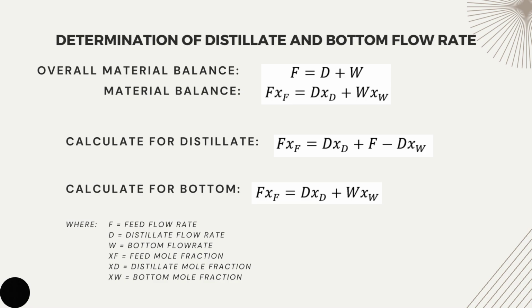Then to find the composition or mole fraction, we use F times XF, where XF is the feed mole fraction, equals D times the distillate mole fraction plus W times the bottom mole fraction. So there are two types of calculations represented, for the distillate and for the bottom. It's just a simple mathematical method.